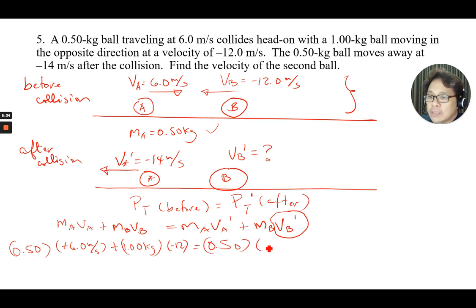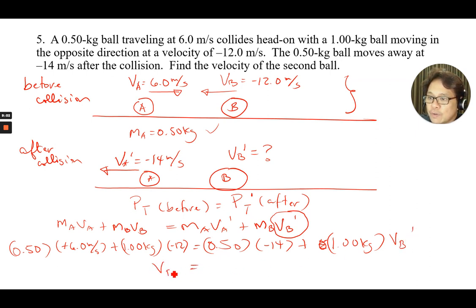VA prime is negative 14 plus MB, the mass of MB is the same. MB is 1 kilogram, okay, 1.0 kilograms. And VB prime, we do not know.